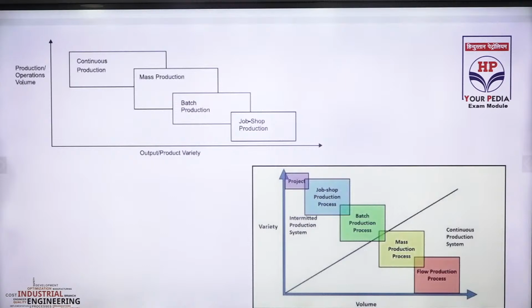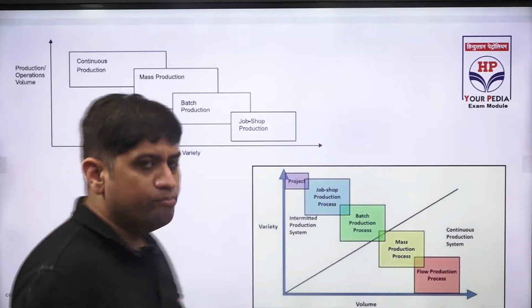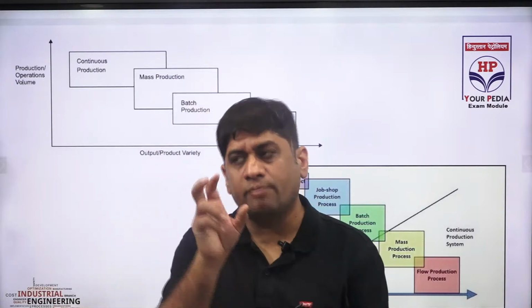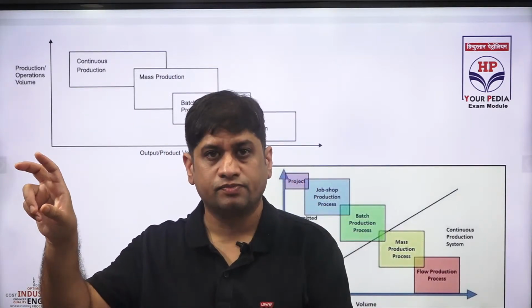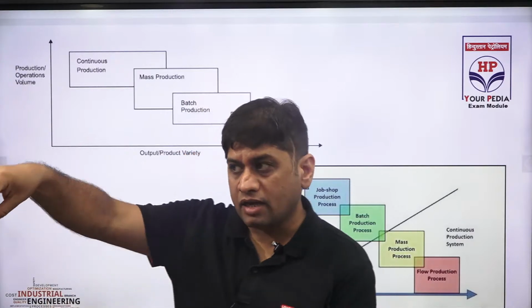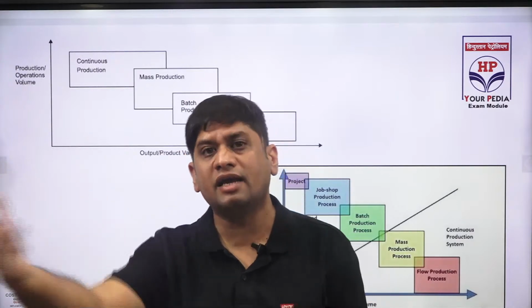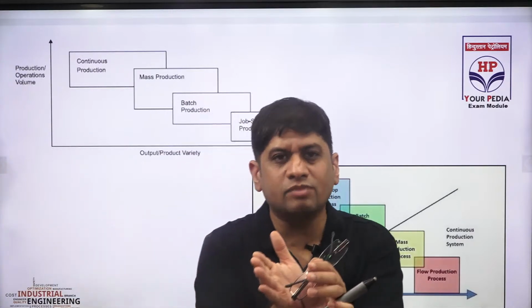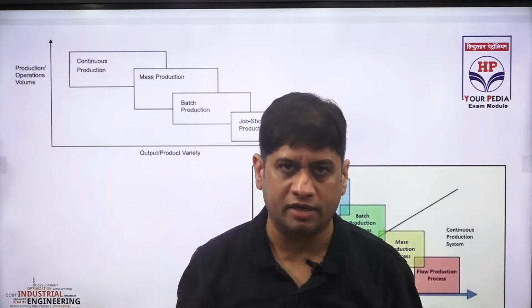Selective production is that in which I'm producing only selected items. You can link it with batch production. Particular items I selected and I am producing those items.